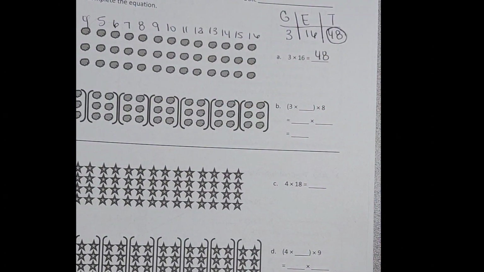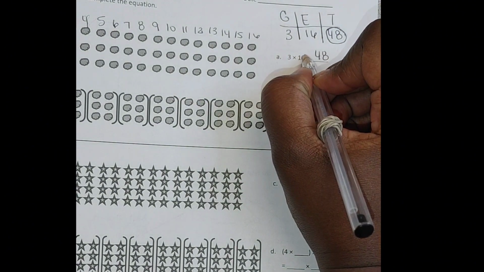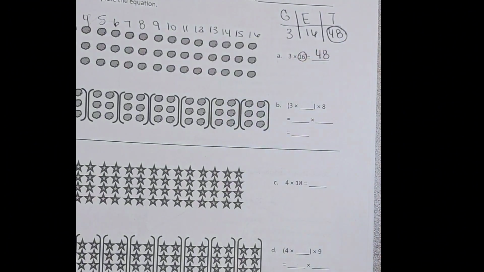We have our answer. But the homework, much like the lesson, is focused on using the associative property. With that, basically, we're breaking apart the 2-digit number, which is kind of scary to some people, and making it more friendly.